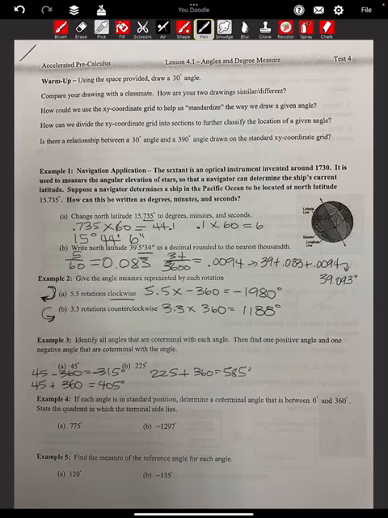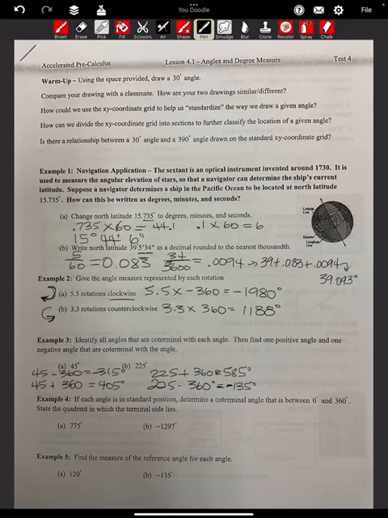We're going to say 45 minus 360 is going to be negative 315. Make sure it's a negative 315 degrees. And then we're going to do the same thing with positive 360. You have to do both sides, because we'll talk about this a little more when we get to the unit circle. You have to do a negative and a positive side. So that's going to be 405.